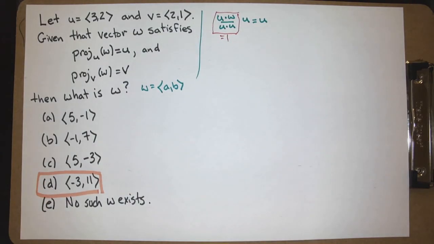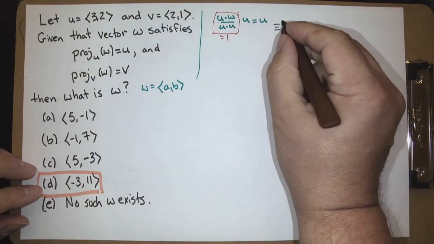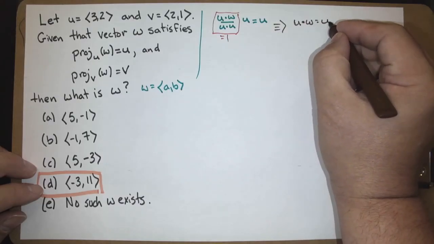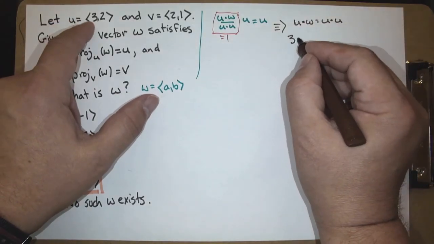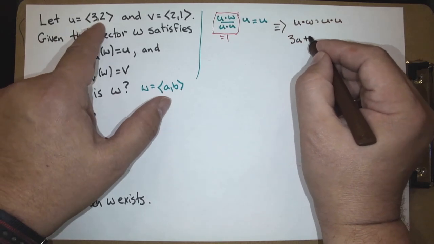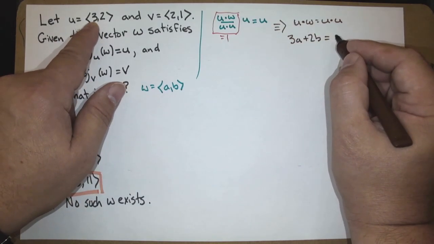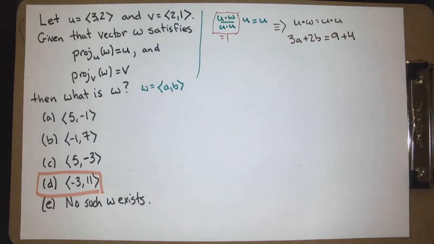So in particular, we get that U dot W is U dot U. Taking these dot products, we have 3A plus 2B, and then U dot U is 3 times 3 is 9, plus 2 times 2 is 4. So 3A plus 2B is 13. That's one equation.